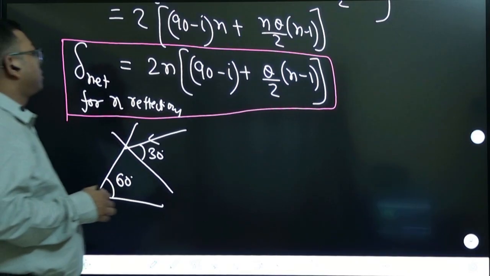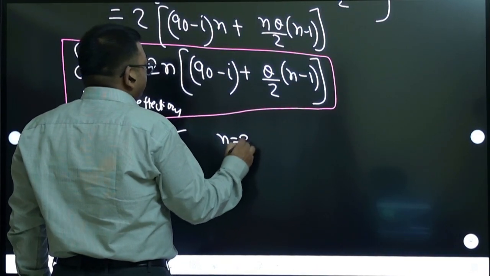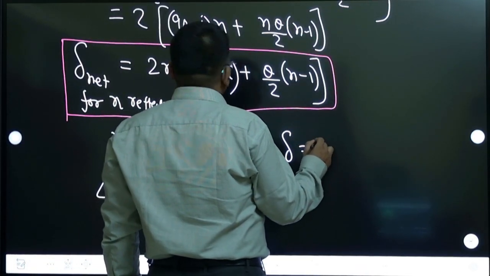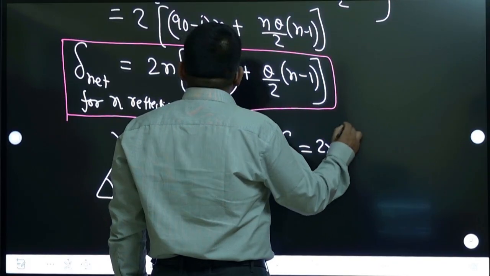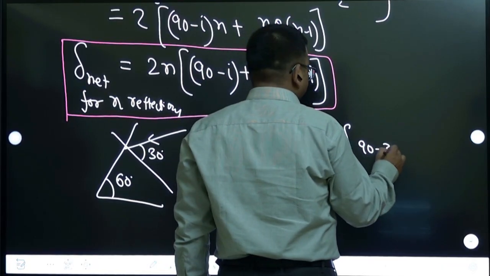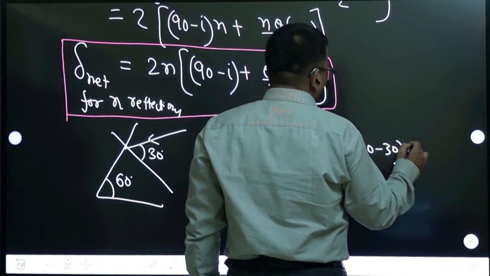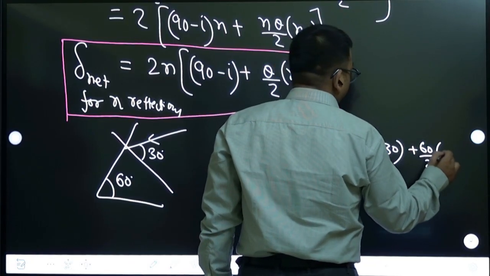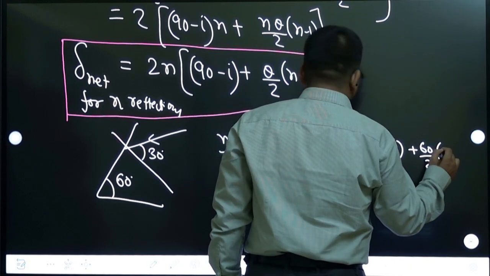Let us check that. Take the value of n as 2 and check here. Deviation for two reflections: 2 into 2, 90 minus i, here 30, plus theta, which is 60 by 2, and n minus 1, 2 minus 1.